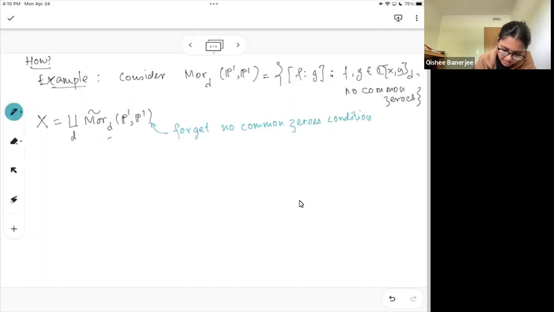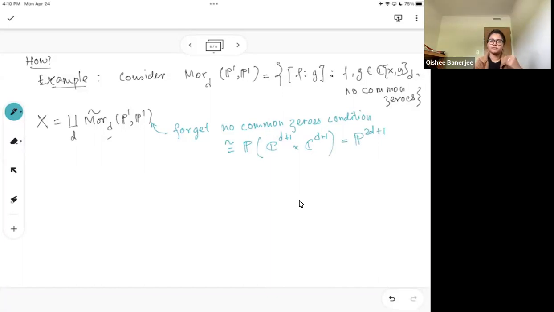So in particular, for each d, this is isomorphic to the projectivization of C^{2d+2}, that is C^{d+1} cross C^{d+1}. So this is for each d, right?